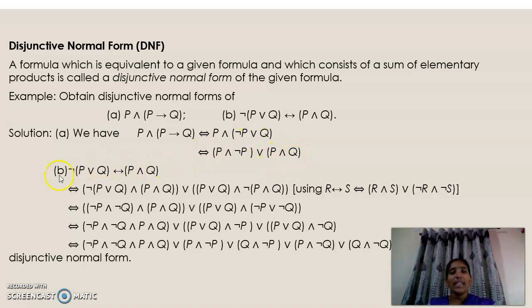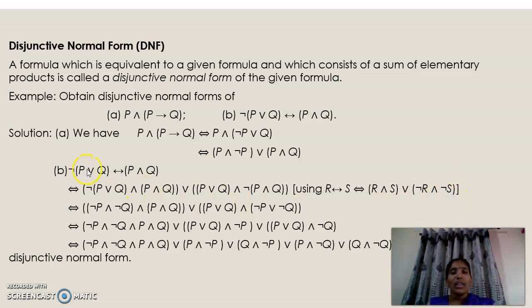And take the next example, negation of (P or Q) biconditional (P and Q). First you have to remove the biconditional statement. In the given formula we have the biconditional, so you have to remove it. A biconditional, for example R biconditional S, is equivalent to (R and S) or (negation R and negation S).